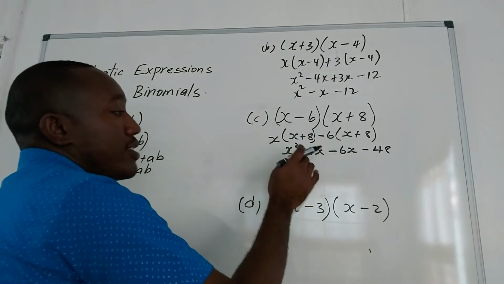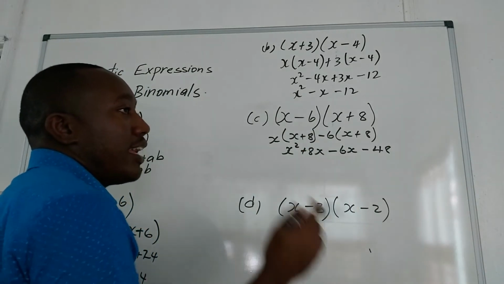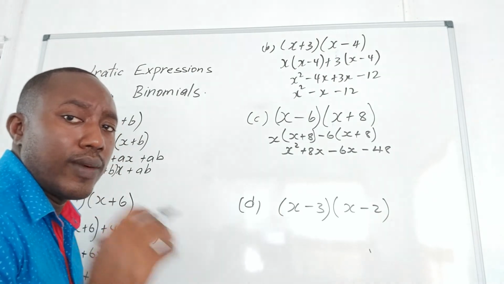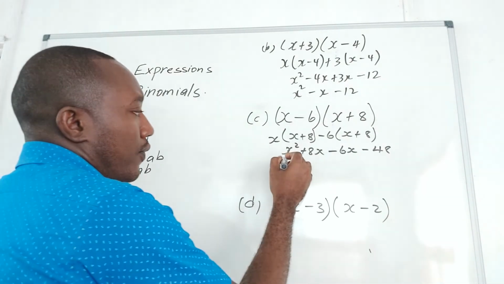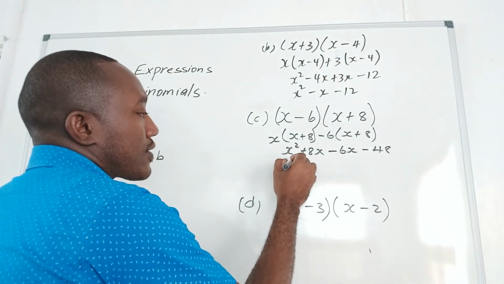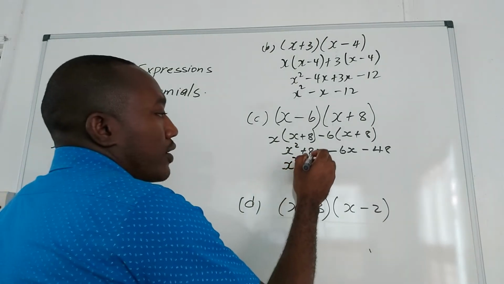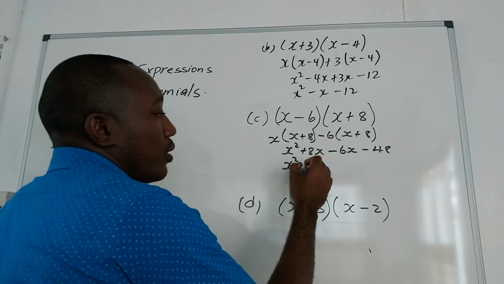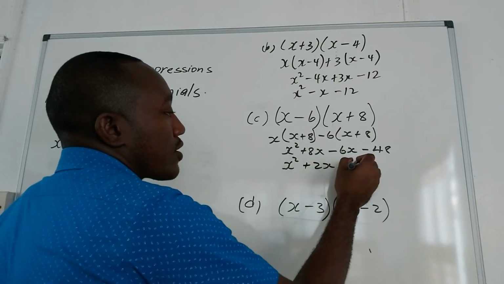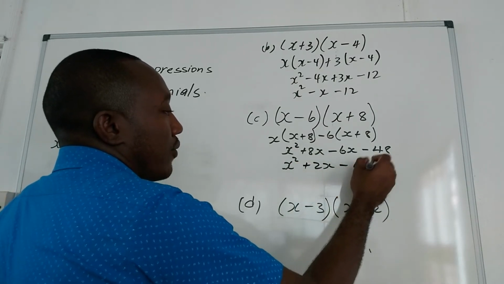Since the 8 is bigger, and the 8 is positive, our answer will be a positive number. So we will have x squared, 8 take 6 will give us 2, plus 2x minus 48.